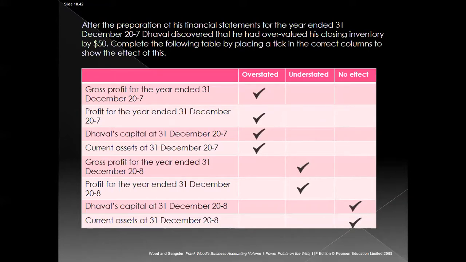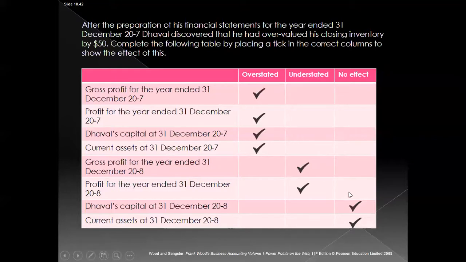So if closing inventory was overvalued in the previous year, the opening inventory in the current year 20-8 would also be overvalued, which will cause the cost of sales to be overstated and gross profit understated. The same thing happens to profit for the year.